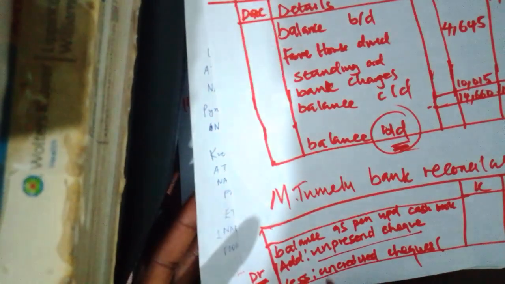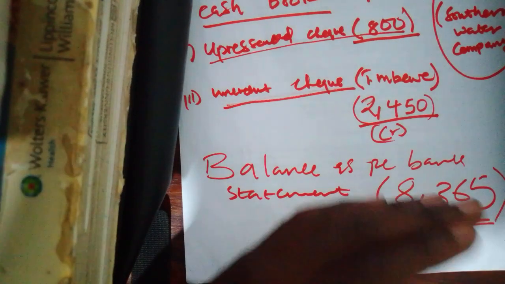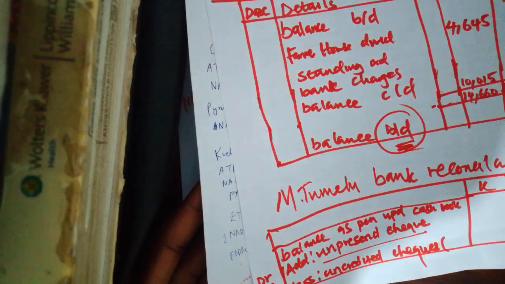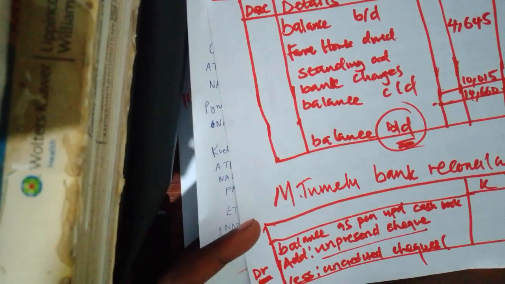Then the unpresented check was debited in the cash book, meaning in the bank it should be credited, meaning you have to add to the credit balance.